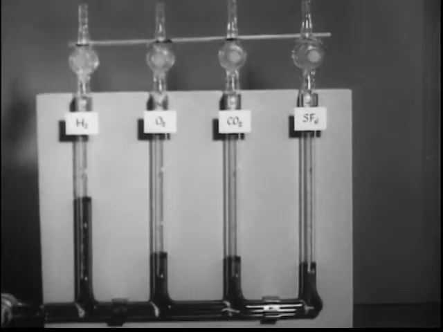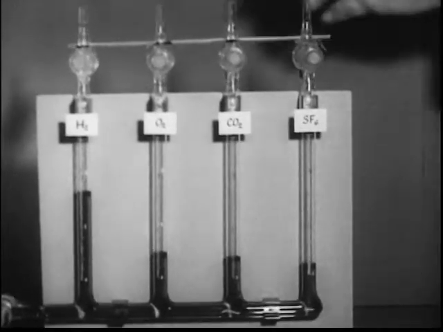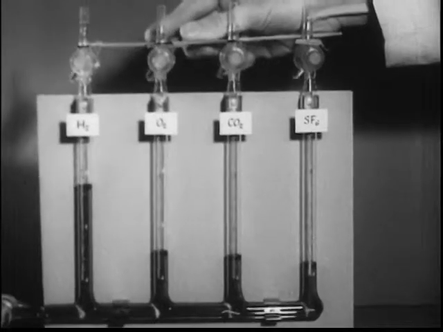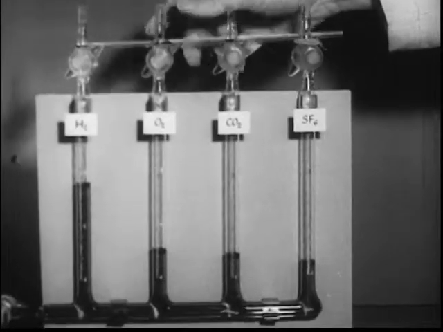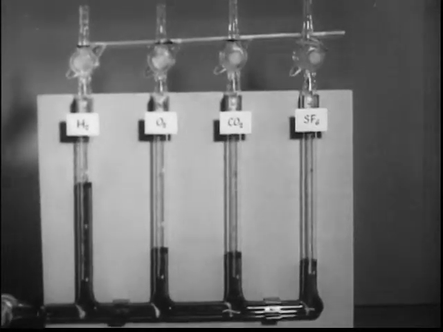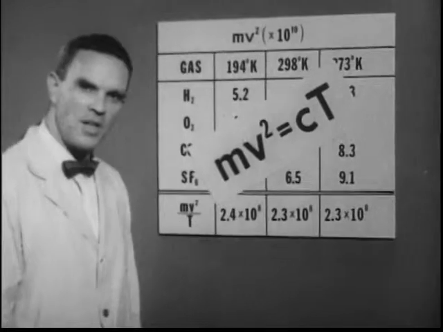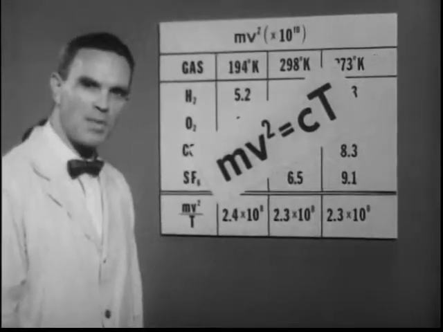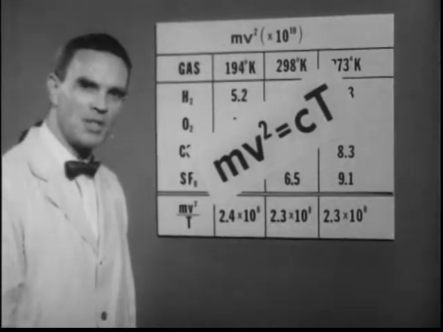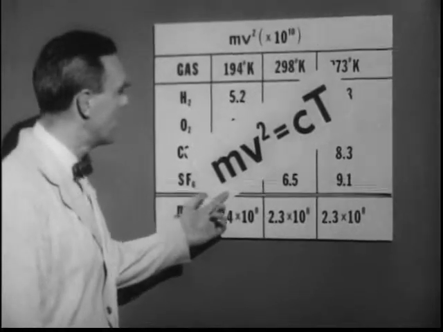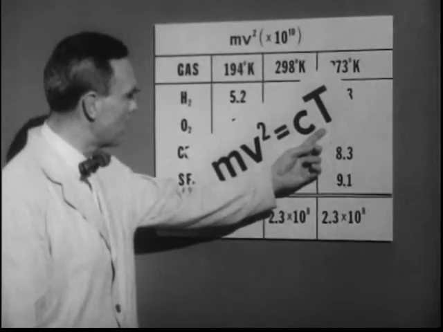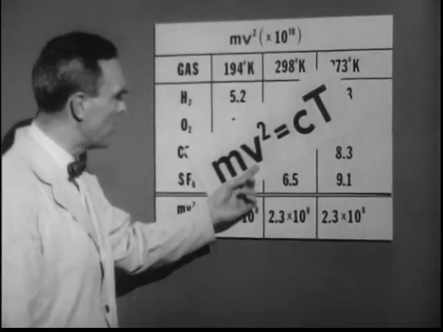At any given temperature, lighter molecules have a higher velocity. Finally, the relationship between molecular mass, molecular velocity, and absolute temperature is given by this expression. Any change in the absolute temperature causes a change in the molecular velocity.